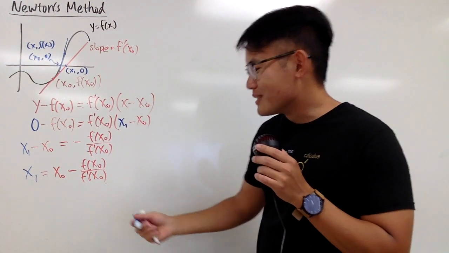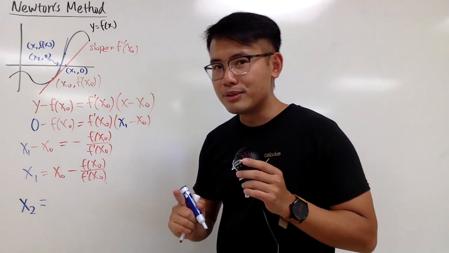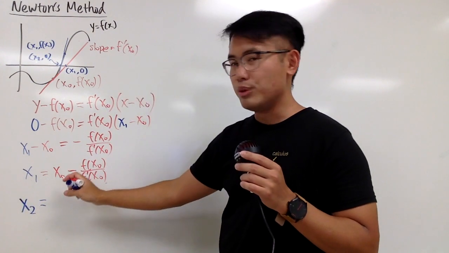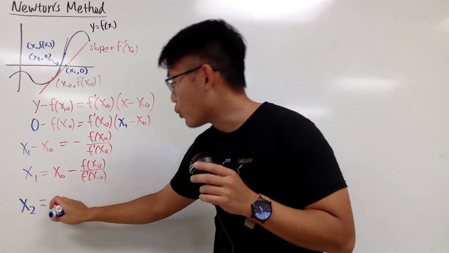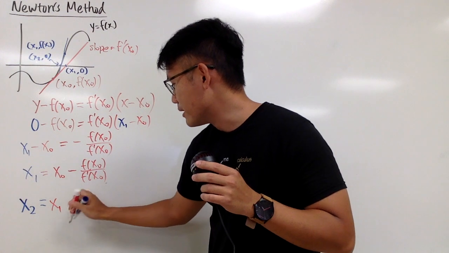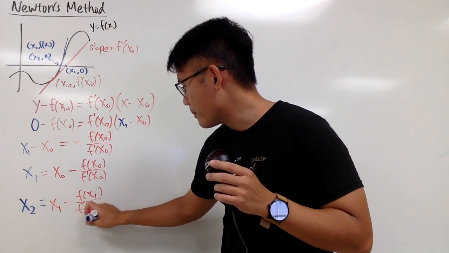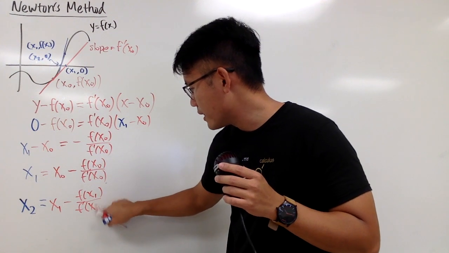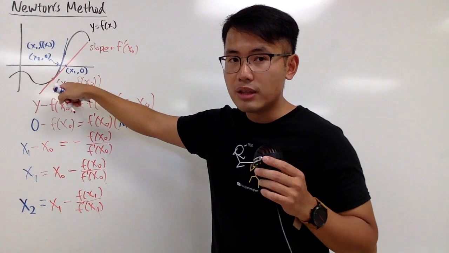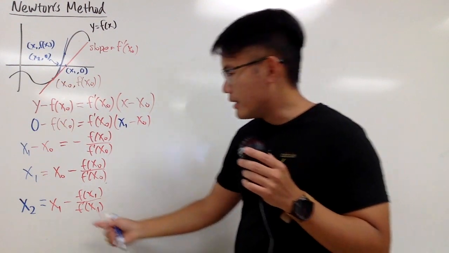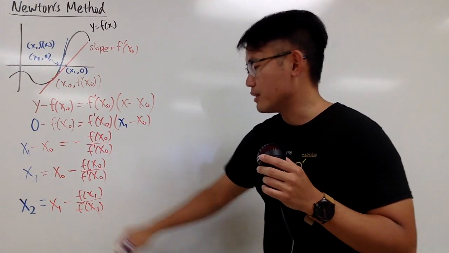Hopefully you will see that x2 is nothing but the same formula, but instead of using x naught, you use x1, minus f of x1 over f prime of x1. So the idea is you get the equation of this blue tangent line, and then you solve for 0, and then you just get that x2, and that's pretty much it.